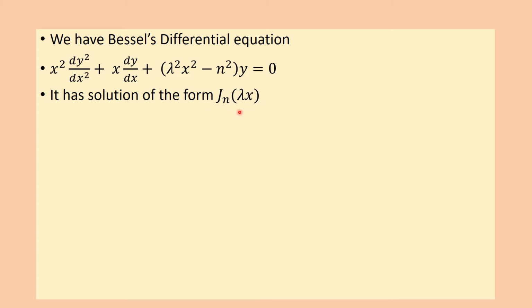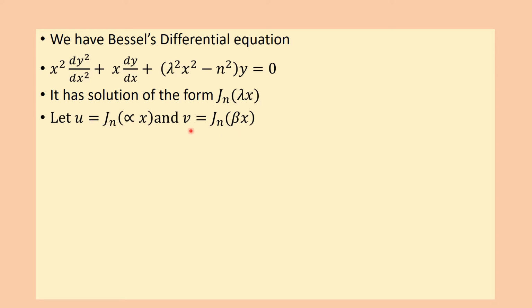Now let u equal to Jn of alpha x and v equal to Jn of beta x. Suppose this equation is the Bessel's differential equation, then its solution is Jn of lambda x. Now we consider, instead of lambda, alpha and beta. Similarly, the notation also u and v.